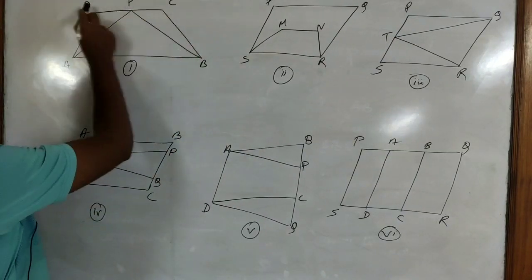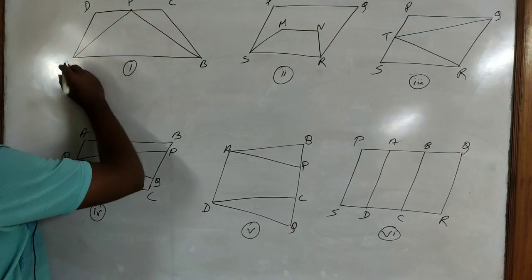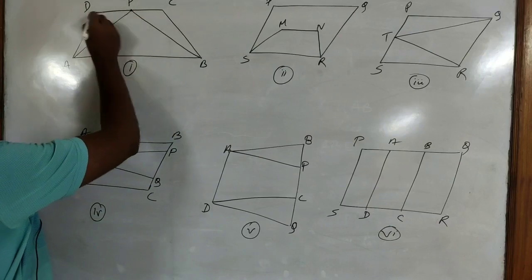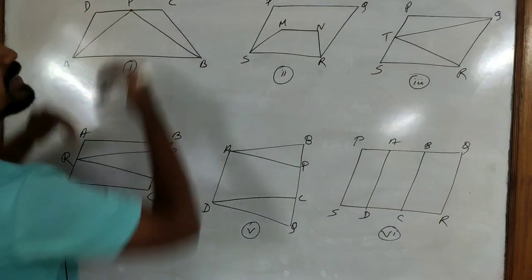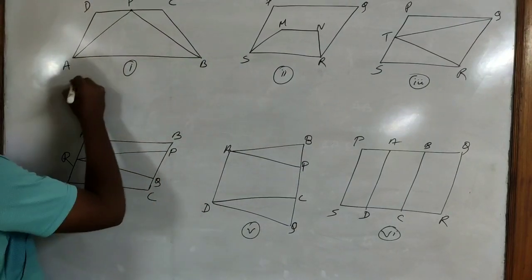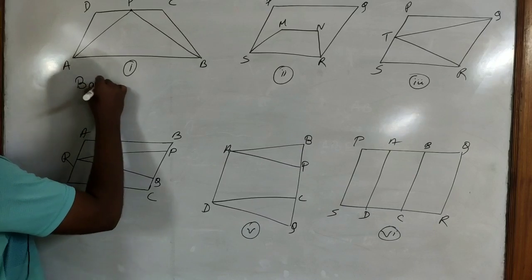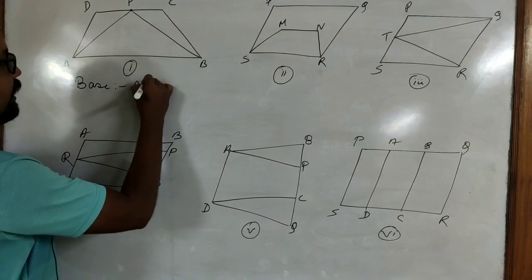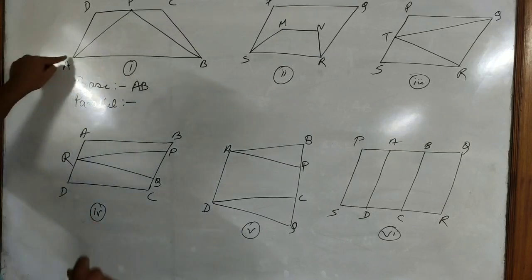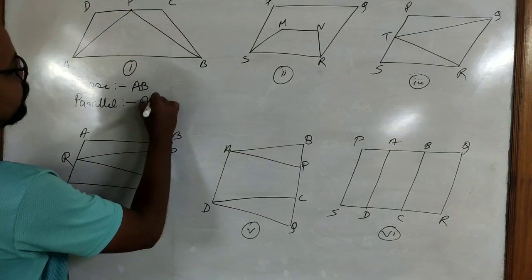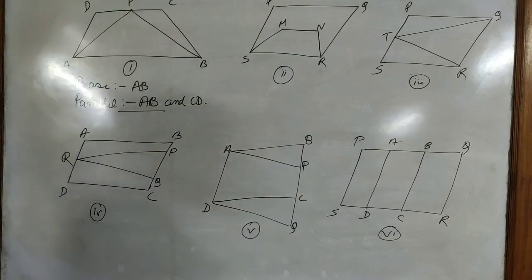Because in the trapezium the parallel lines are CD and AB, and also P, the point of the triangle APB, is also lying on CD. So they lie on the same base and between the same parallel lines. Therefore the base is AB, of course, and the parallel lines are AB and CD. Done. We are done with number 1.